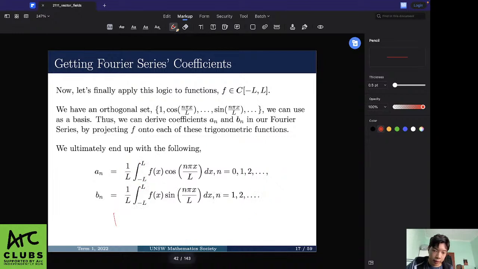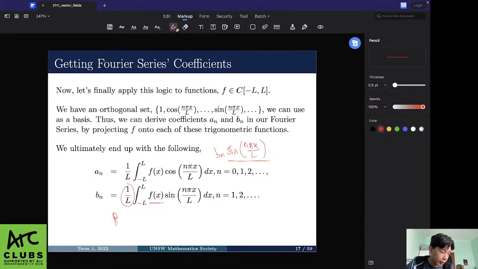And in the same way, bn is the coefficient of sine n pi x on L. So we find the inner product with sine and f, and then we multiply it by 1 on the norm squared. And that's how we find our coefficients.